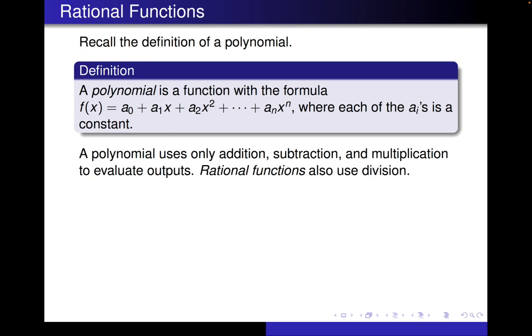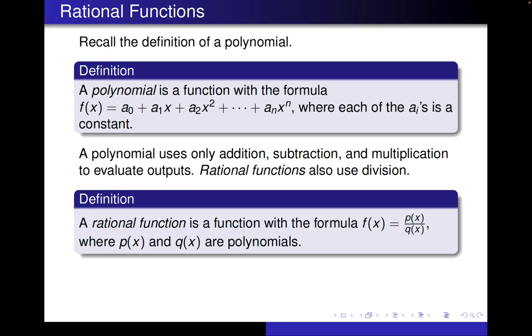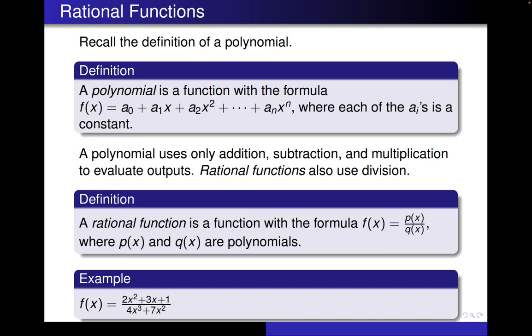If we want to include division, we need rational functions. So a rational function has the formula f of x equals p of x over q of x, where each of p of x and q of x is a polynomial. As an example, here's f of x with a polynomial on top, 2x squared plus 3x plus 1, and a polynomial on the bottom, 4x cubed plus 7x squared. Whenever you take two polynomials and divide them, you get yourself a rational function.